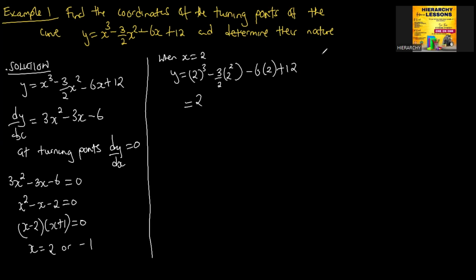And then when x is equal to minus 1, y is equal to minus 1 cubed minus 3/2 times minus 1 squared minus 6 times minus 1 plus 12. We're going to get an improper fraction, 31/2.